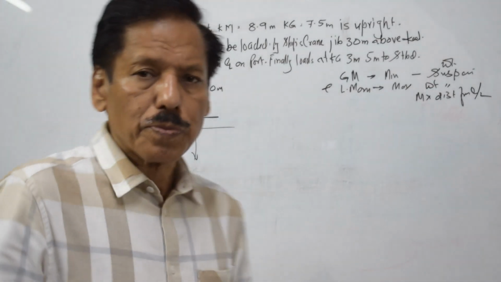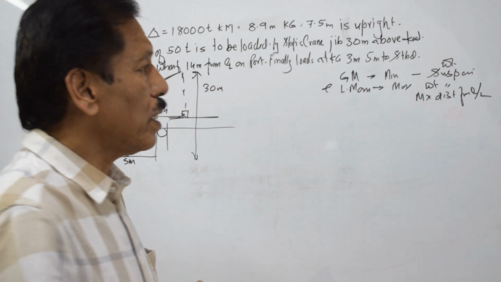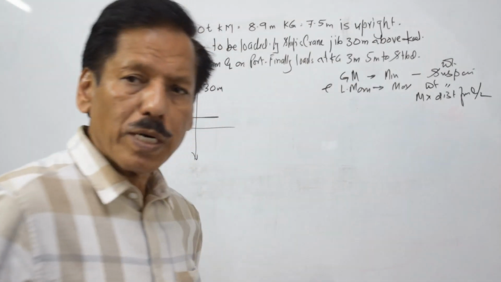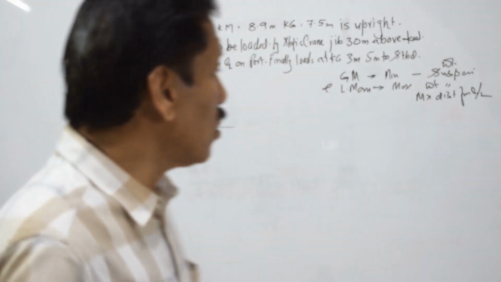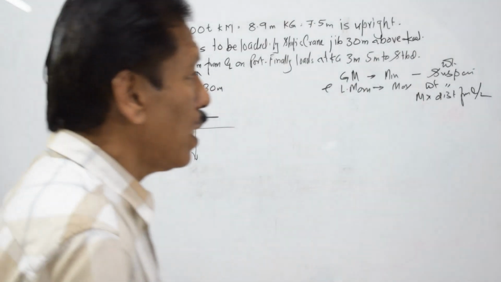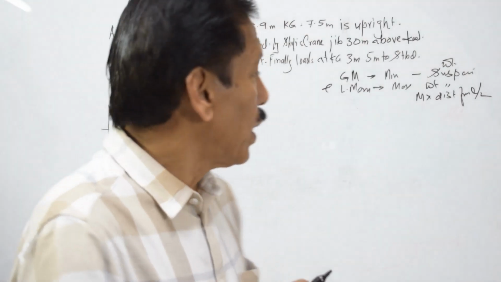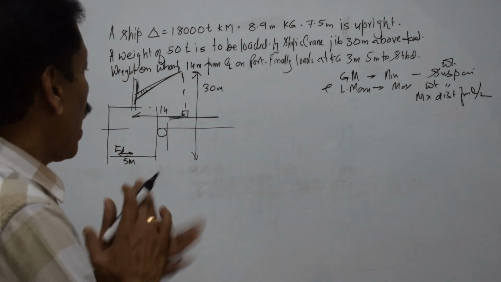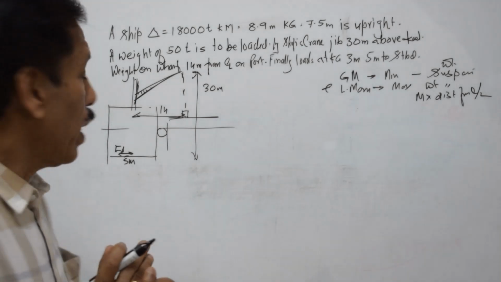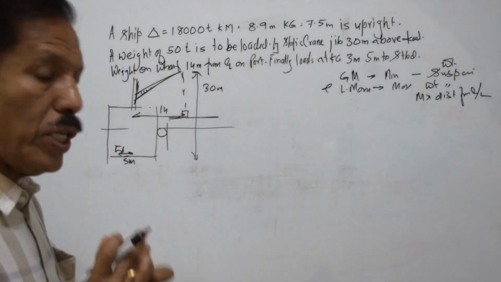Or otherwise also, the weight might be kept on deck. So long as the distance from the center line is maximum, the listing moment is maximum. So what we will do now is find out what is the GM of the vessel as the weight is lifted.